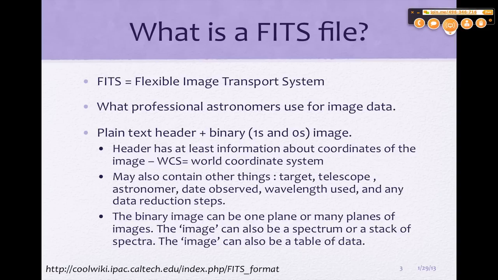And ds9 handles it elegantly. Some other FITS viewers you may be aware of might not handle multi-plane FITS files. When you try to load a multi-plane FITS file into ds9, it asks you which layer you would like. ds9 can also handle a spectrum, although it treats it as a single pixel wide image. It can also handle a stack of spectra, which show up as stripes basically.